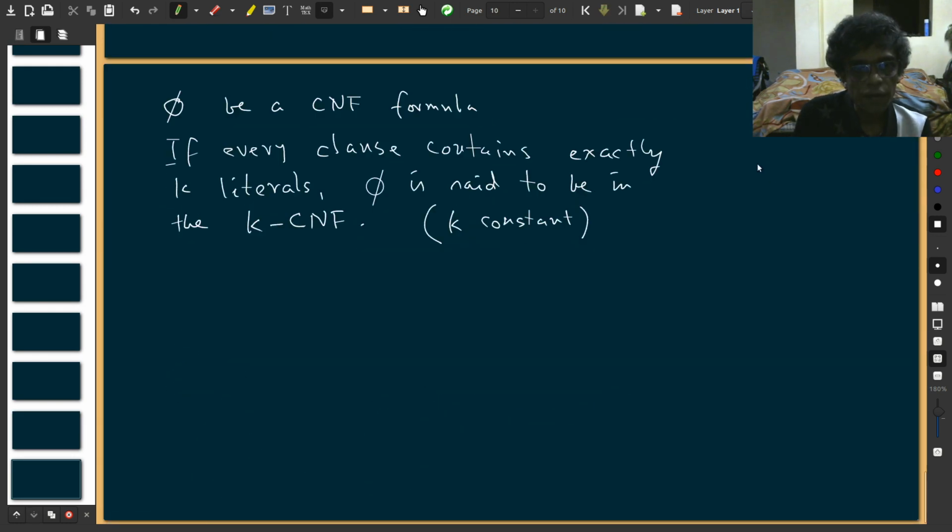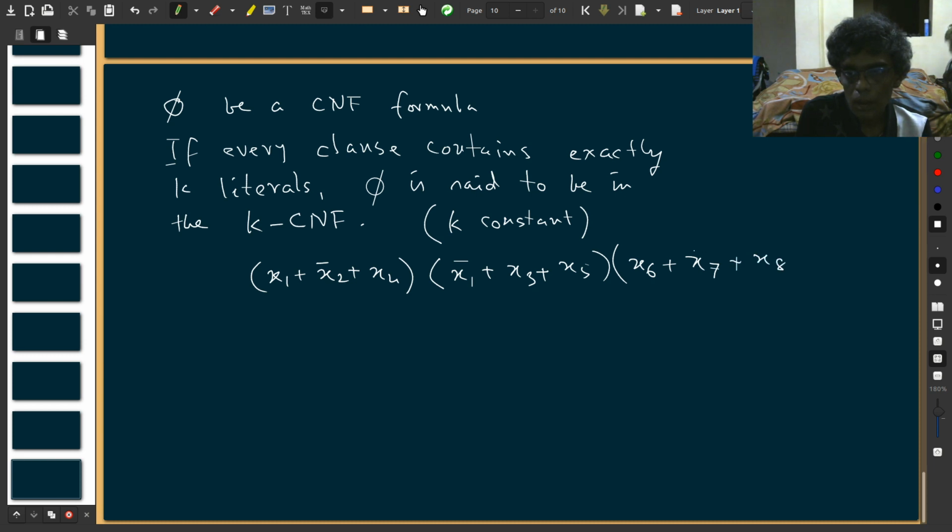But if I have a formula like this, this is a 3CNF formula, because each clause contains exactly 3 literals.